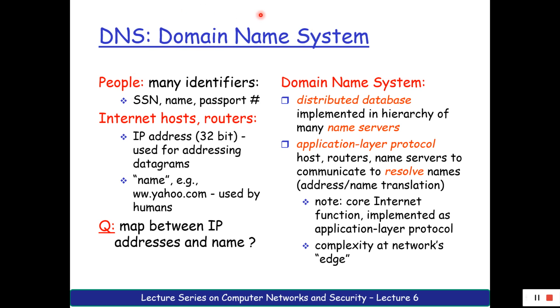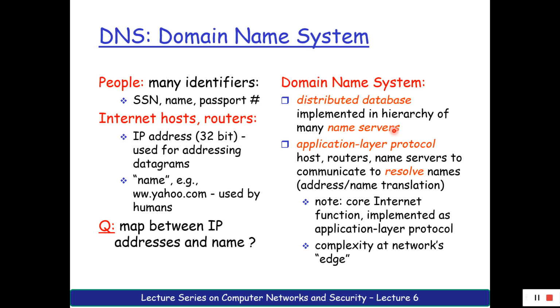So what is DNS doing? There are lots of servers which are going to maintain domain names, each with an equivalent IP address. So this domain name system is a distributed database which maintains an ample amount of name servers. That is, there are lots of servers, and they are called name servers. Why?